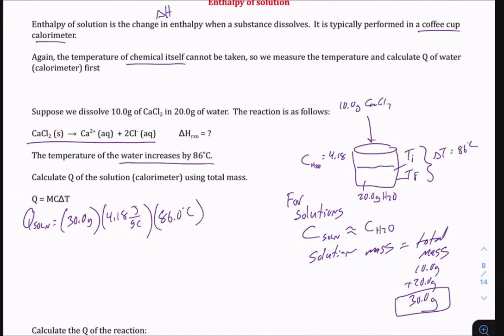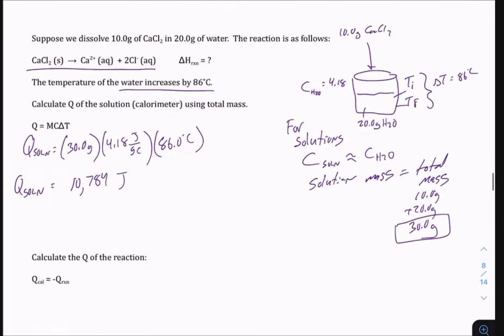Okay, so 30 times 4.18 times 86. Okay, so we get 10,784 joules. Okay, are you guys okay with those calculations?